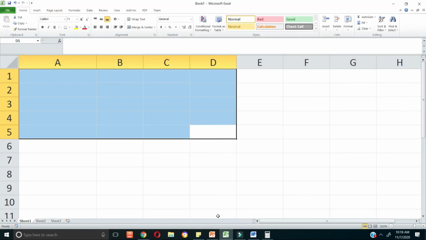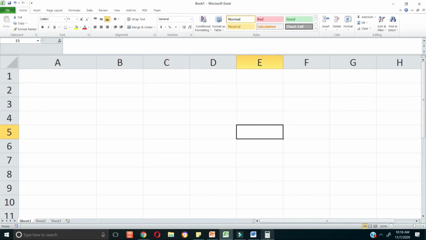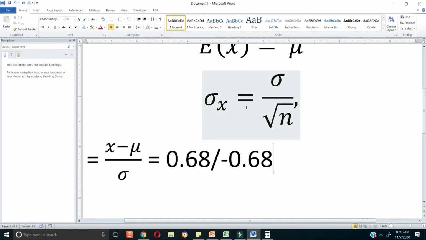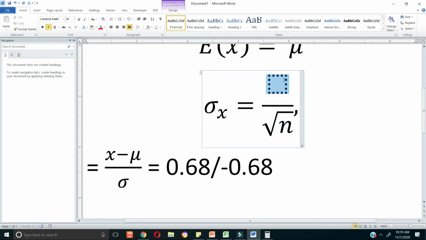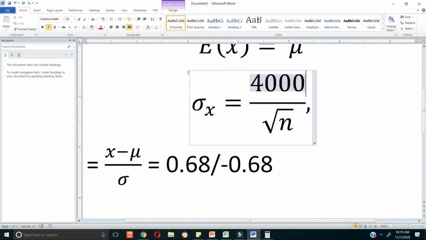We did talk about the impact of changing the sample size. For instance, if instead of 30, we use a sample size of 100, then sigma x, the standard deviation of the sampling distribution, is going to be, remember we have 4,000 for the population, over root n.